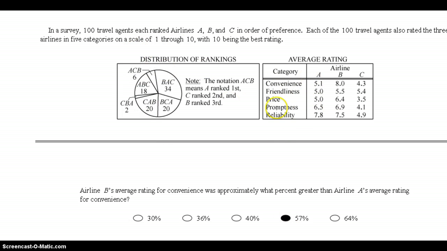So the calculation formula there for percent greater is you take the difference and then you divide that difference by whatever the base comparison thing is. So in this case, airline A's average rating for convenience is kind of our basis.